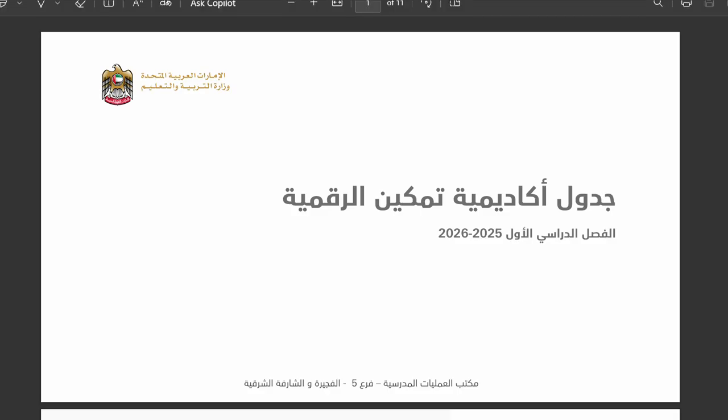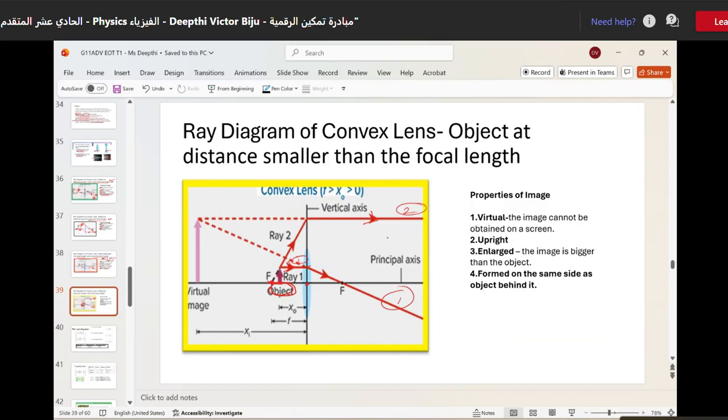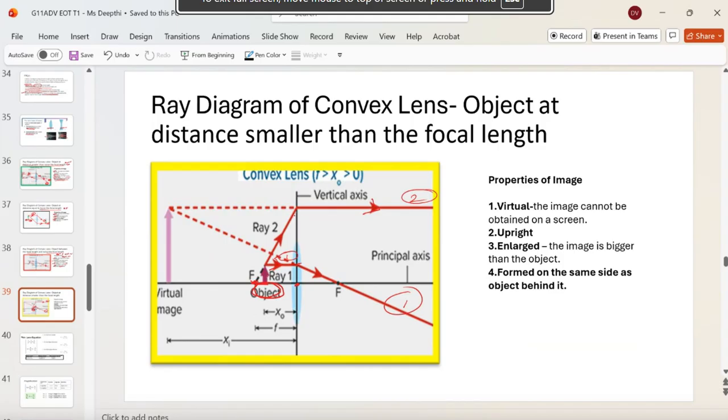You can see that the first line and the second refracted line do not meet and will never meet on the other side, because they are going away from each other, right? But if you extend them on the same side as the object, they can touch. So what you need to do is take the ruler and draw dotted lines straight from the first ray and the second ray towards the object side.